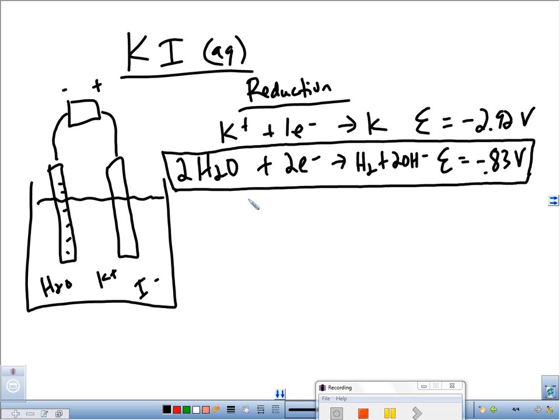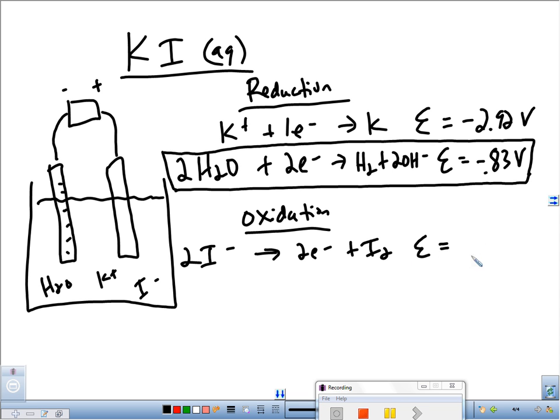All right? What about the oxidation side of things? In the last one, we said that iodine, 2 of them, lost 2 electrons to become I2. What's the voltage when we flipped it? Can't remember.